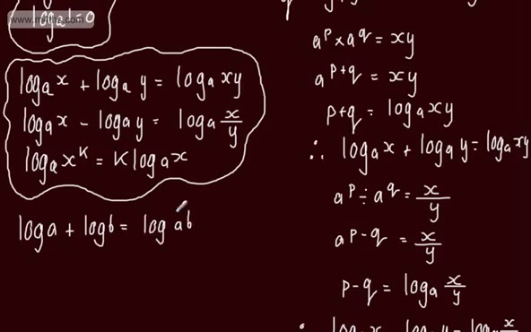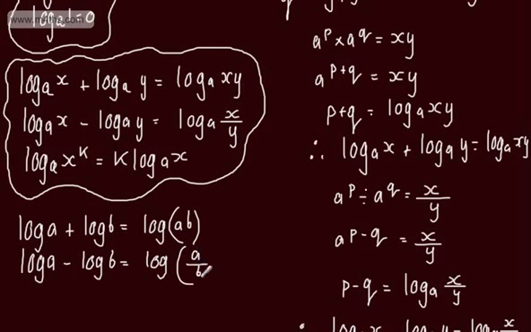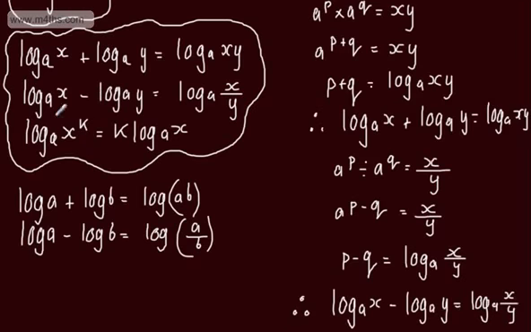If you want to just remember it like so, this is perfectly fine, as long as the base is the same. And we can say that log a minus log b will be equal to log a over b. So those are two rules that you need to be able to use. The rules for addition and subtraction.